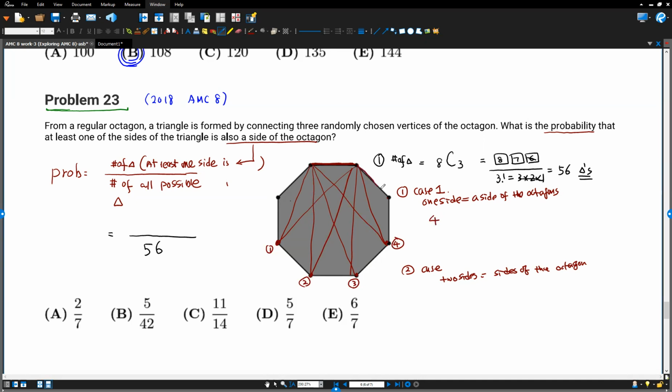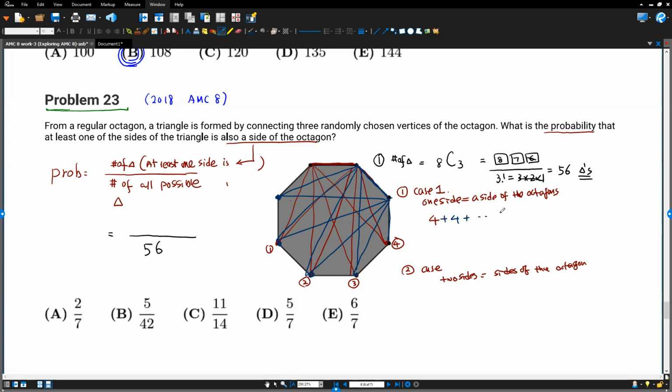This is the same with this one, another 4, the same situation, right? With this side, same thing: 1, 2, 3, and 4, isn't it? That's right. So with each side, another 4. How many sides? 8 sides.